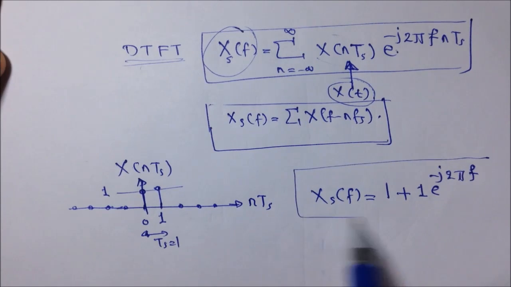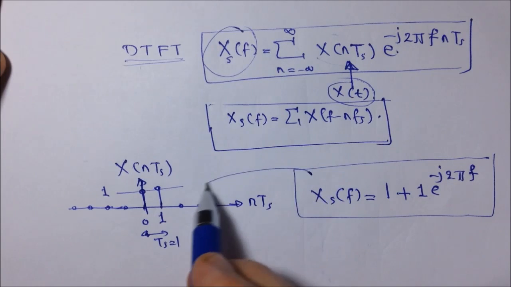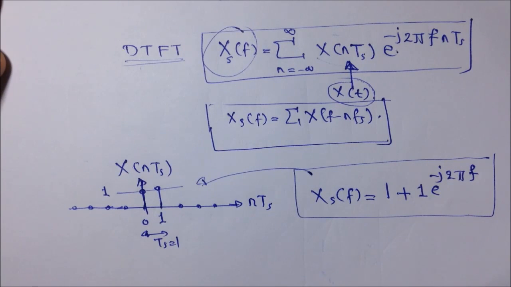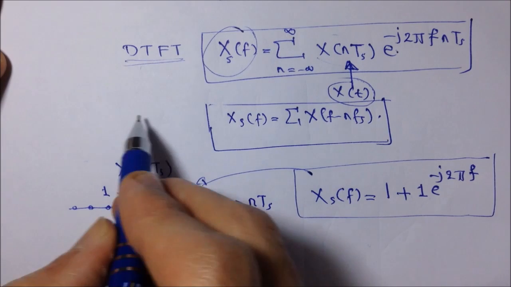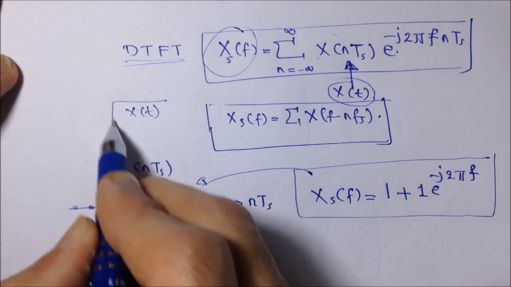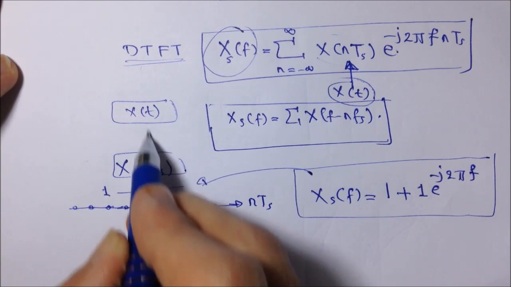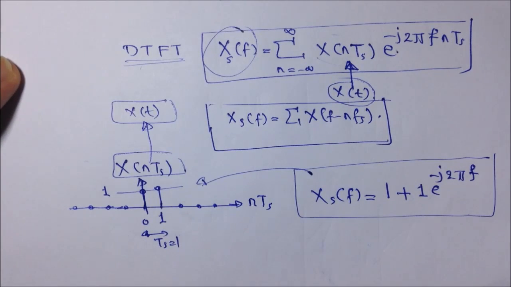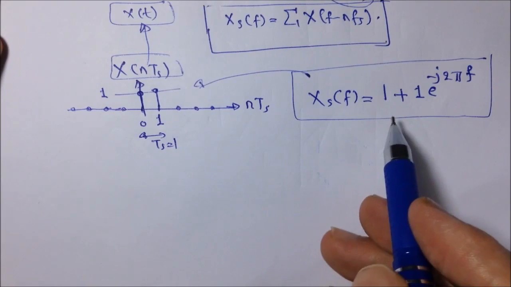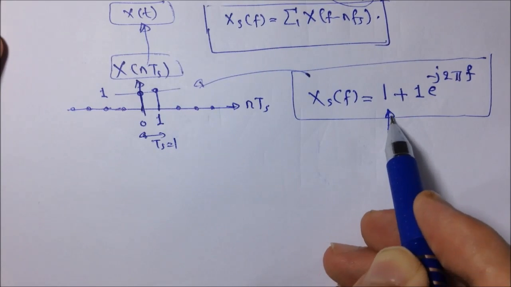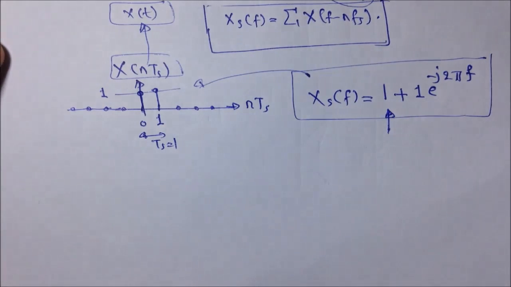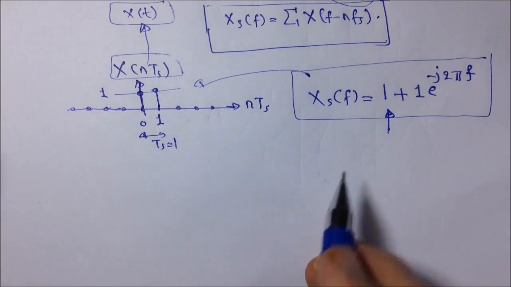So this is the spectrum of this discrete signal. And what is the spectrum of the original signal that this discrete signal was derived from? Okay, the answer is one cycle of this repeated spectrum. If we plot this, let's just plot X s of f.